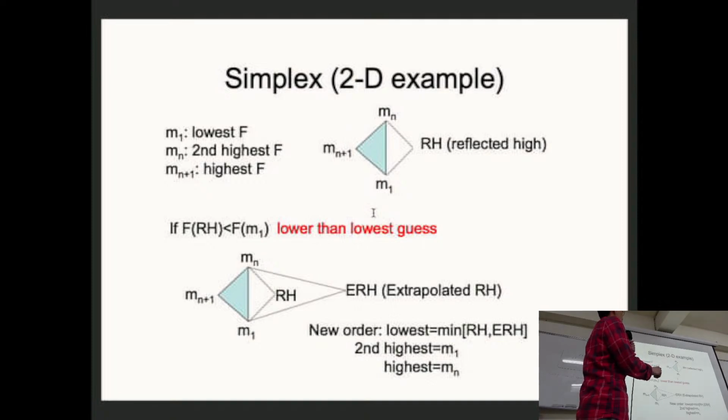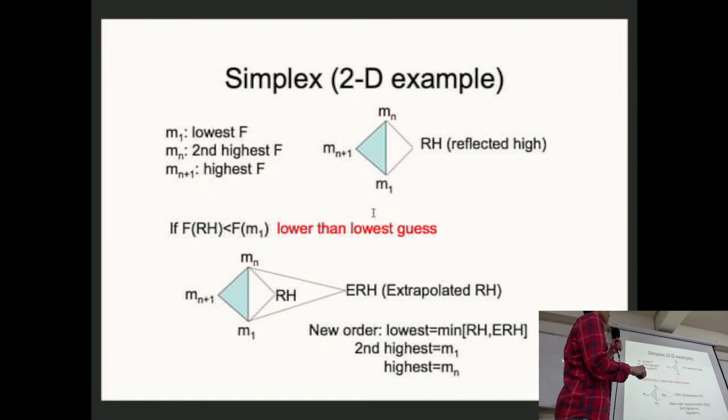We then need to decide the reflected point. The reason we want the reflected point is because we don't want that, right? This is high, this is the second highest, this is the lowest, so we want to go this way, so I calculate the reflected point. So this is always doable, mathematically. And then we can evaluate f of this point, right?